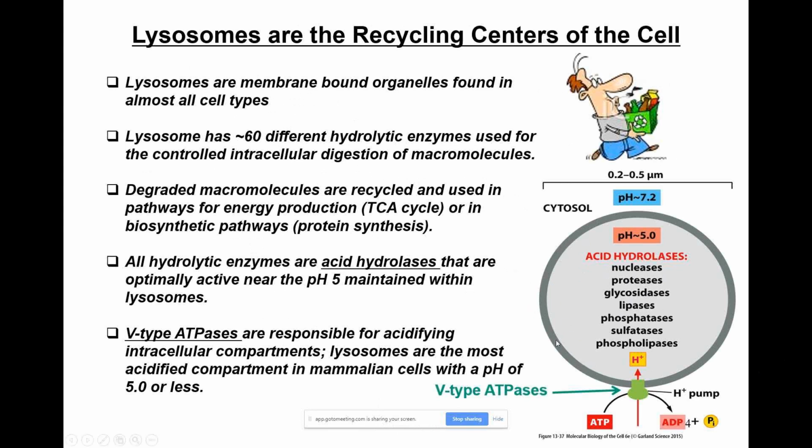These compartments are acidified because they have associated with them a type of ATPase called a V-type ATPase, in which upon ATP hydrolysis, protons are pumped into the lumen of this organelle to acidify it. So that's the big picture of the lysosome: it's composed of these 60 or so different soluble enzymes that carry out its degradative properties.